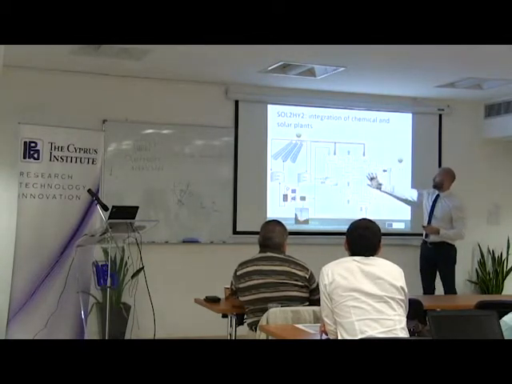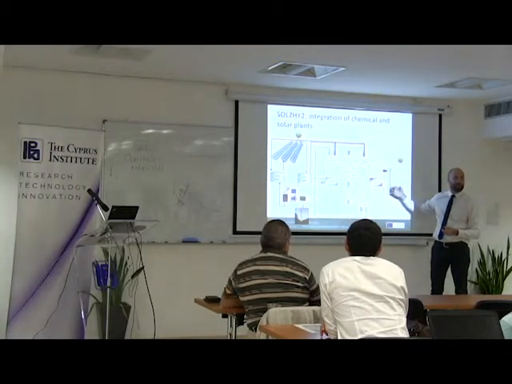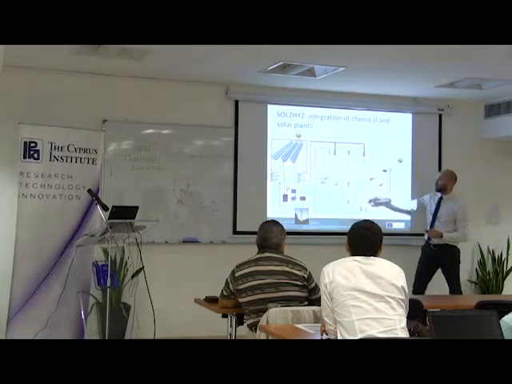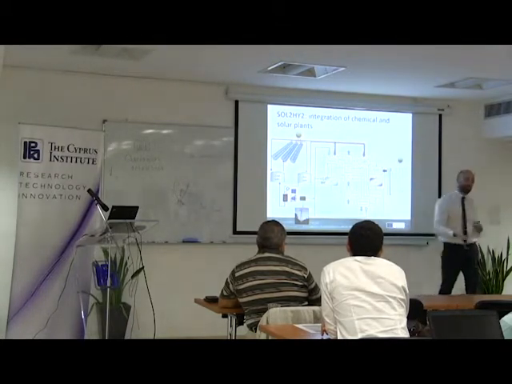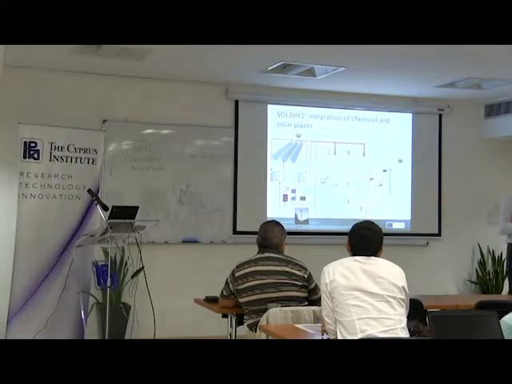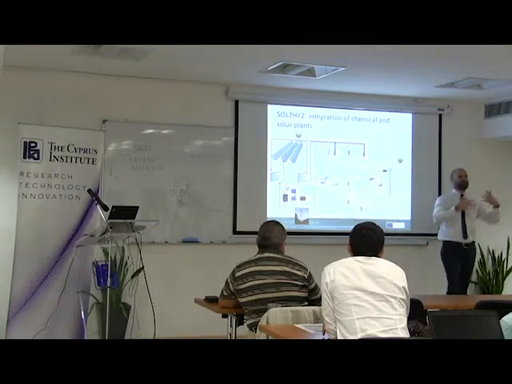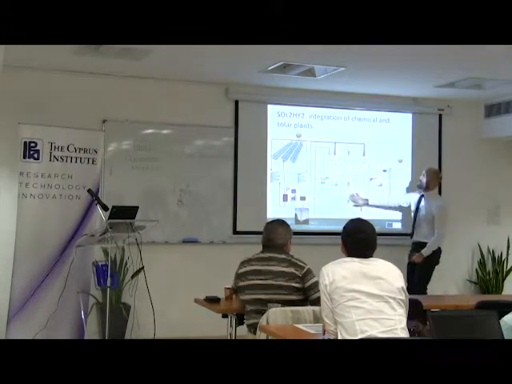In this case the red part is discontinuous. It works only when we have enough solar resource, while the green part also works continuously because it can rely on the storage. Of course, to allow for this mismatch in the operating regimes of the two parts, we must have storage tanks in between.